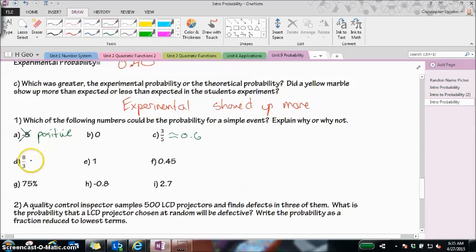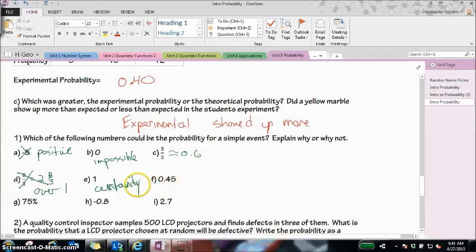It's less than 1. 8 over 3? Well, that's over 2. And 2/3? No, because that's over 1. E? 1? Yeah, that means it's going to happen for sure. So whereas B was impossible, E was a certainty. It's gonna happen.